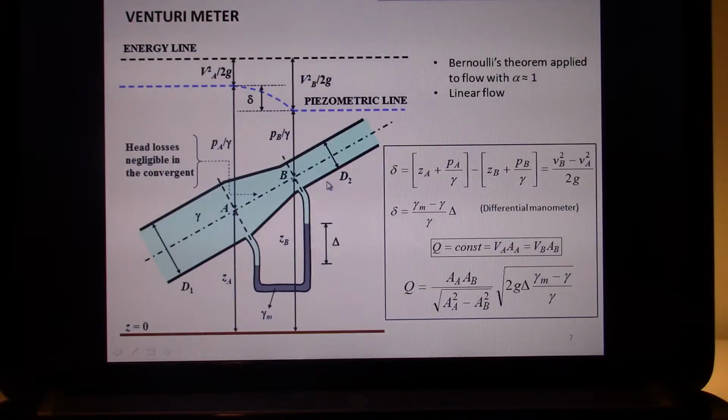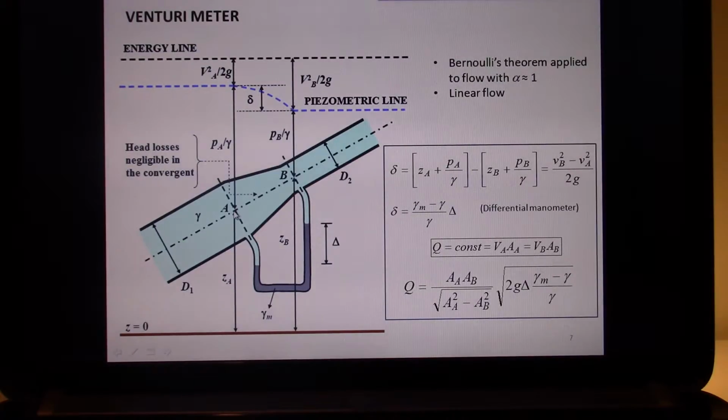So, how to study this? Basically, we have to consider two facts. The presence of this instrument, which is called a differential manometer, allows you to evaluate the pressure on the section where this instrument is linked.